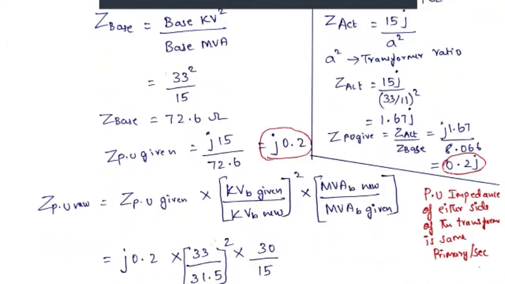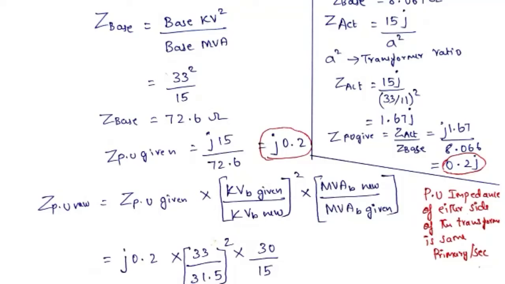That video also I will give in the description, so please watch it if you are not able to understand this particular point. We already discussed it in our previous class. So per unit impedance on either side of the transformer is same, that is primary side and secondary side.